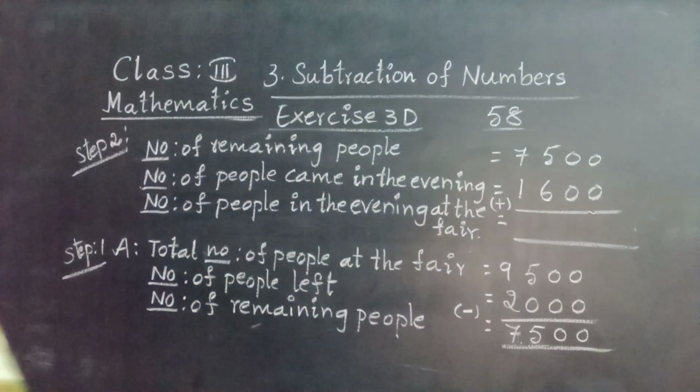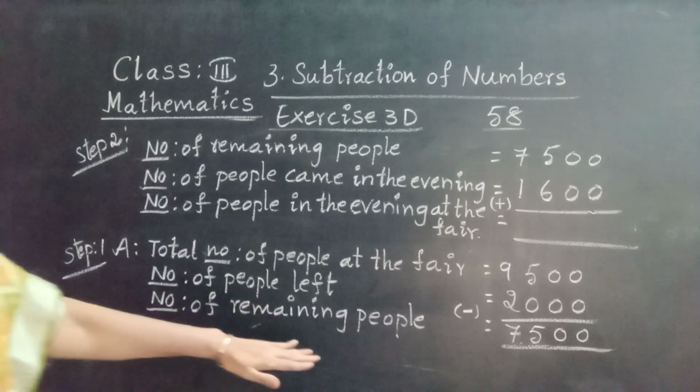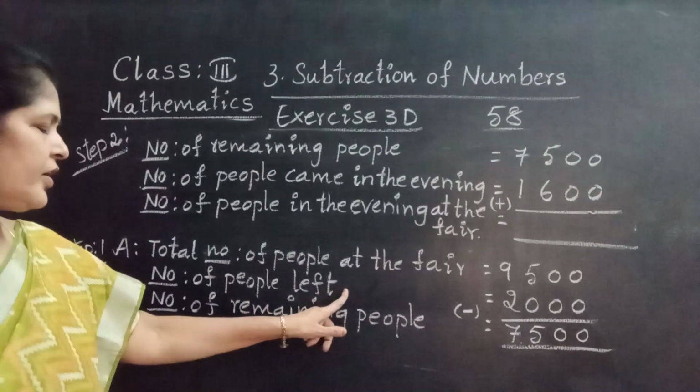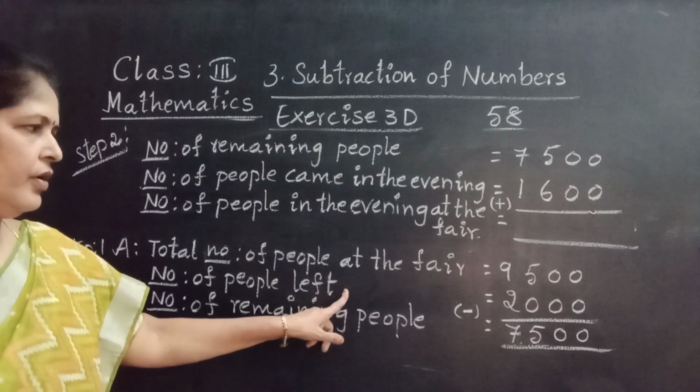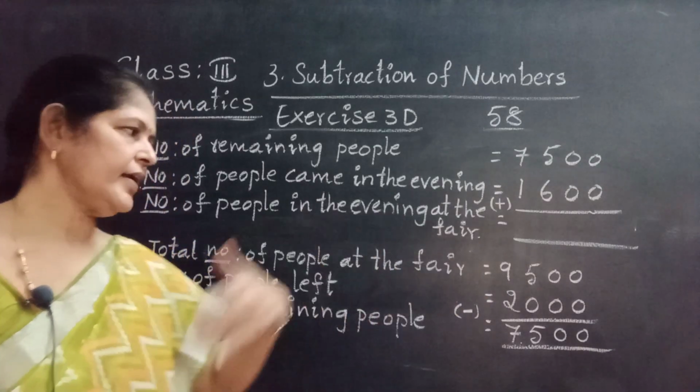Okay, come on, check the answer. Check it, Nana. Ready? This is the first step. Number of people left in the afternoon: 2,000 people went off.